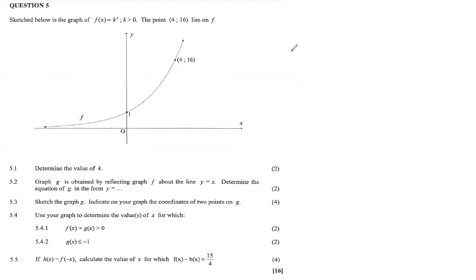Okay, now they say if h of x is equal to f of negative x. Now we need to first understand what is the meaning of this.